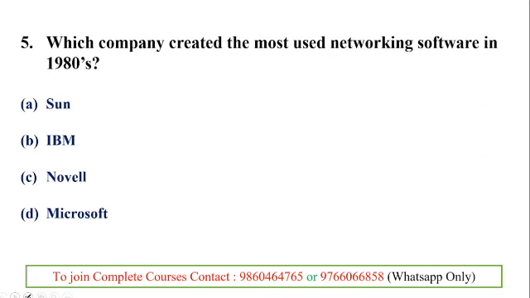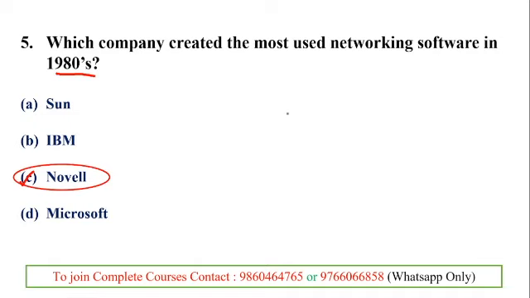Then, which company created the most used networking software in the 1980s? Here, the most used networking software in the 1980s. In the 1980s networking still played an important role, and one of the important companies was Novell, which made important networking software at that time.